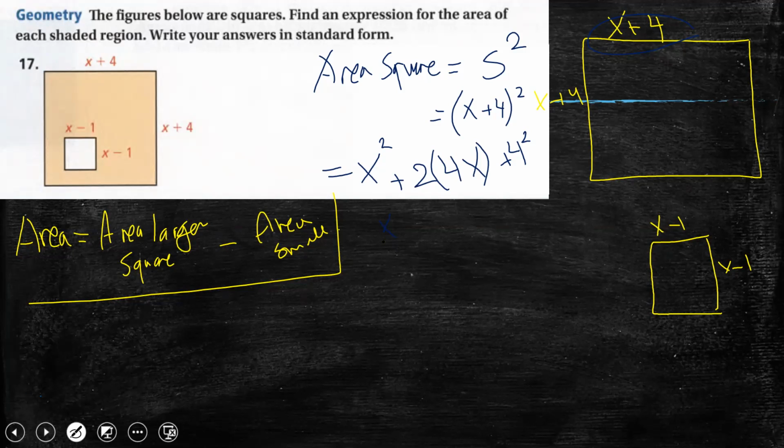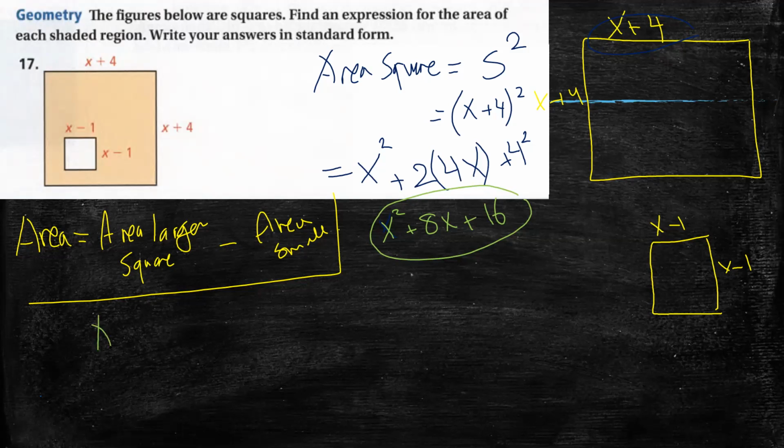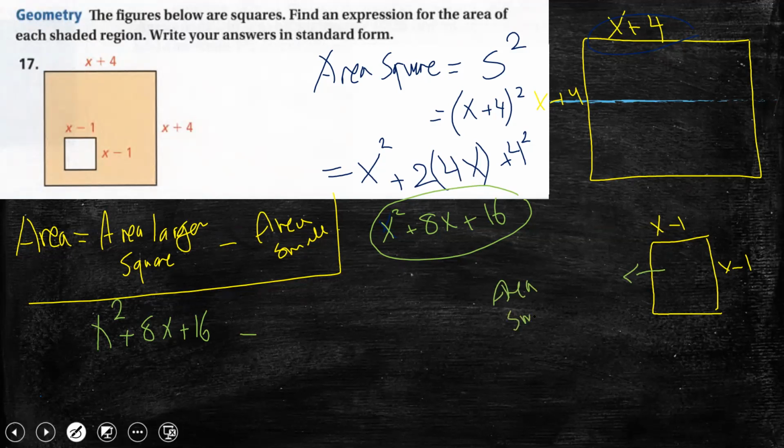So the function is x squared plus 8x plus 16. This is the simple form of the area of the large square. Now, minus. I need now to find the area of the small square. The area of the small square is x minus 1 squared. It is any side squared. Is it right?